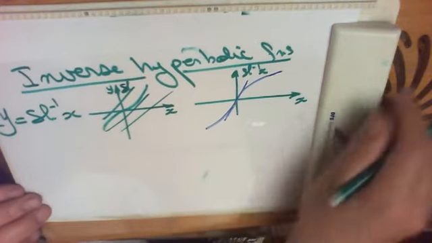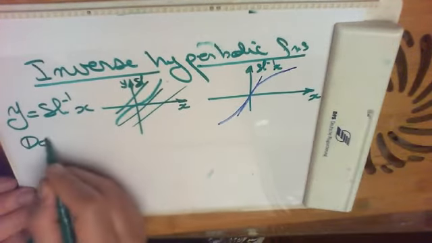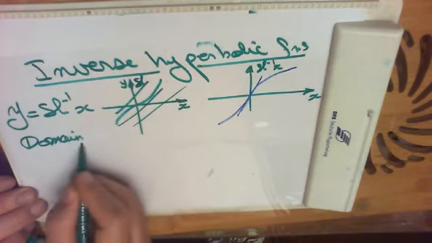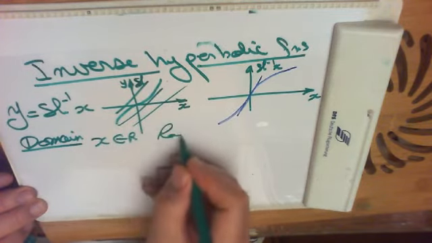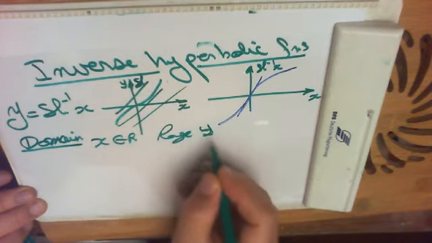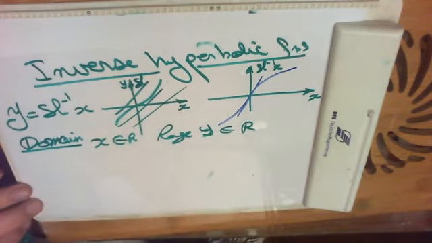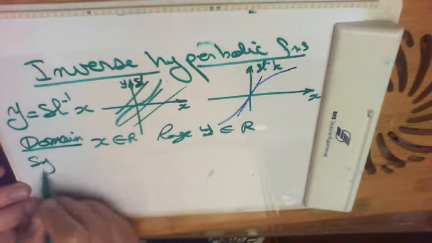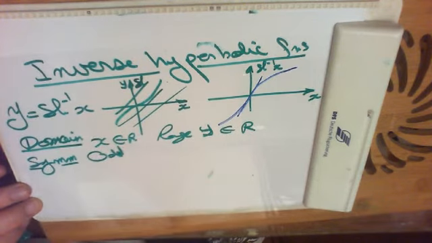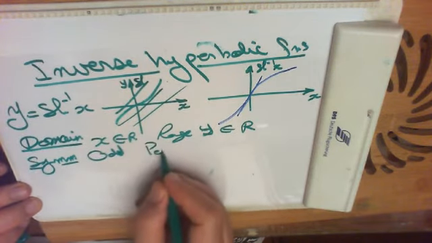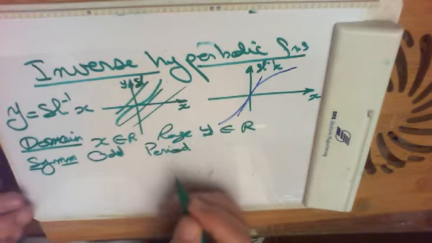What is the domain? X belongs to R. What is the range? Y belongs to R. What is symmetry? Odd, this is an odd function. Periodicity? None.